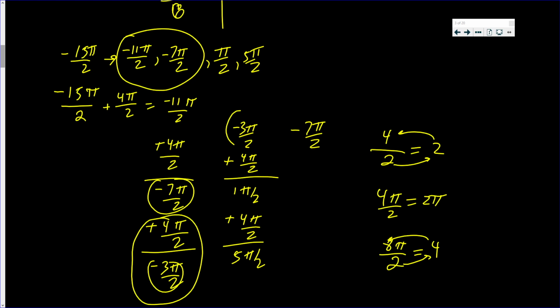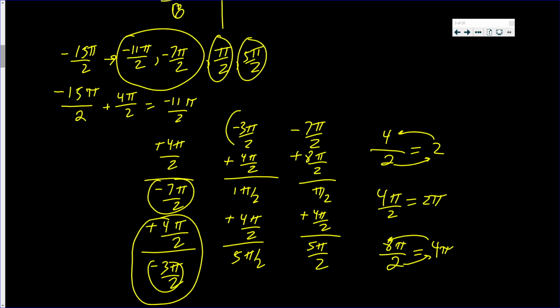That is, 8 pi over 2 gives you 4 pi. So you could have added 8 pi over 2, and you get pi over 2, which we already had. Add another 2 pi, which is 4 pi over 2, and that gives you 5 pi over 2.